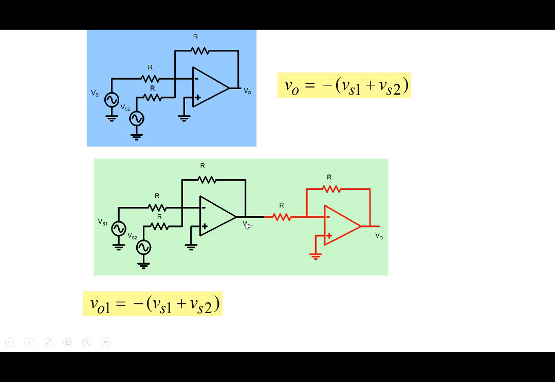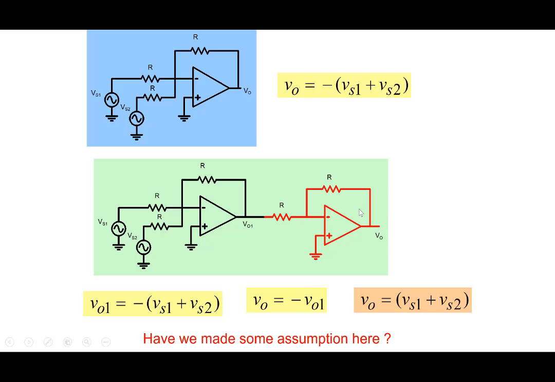So V01 is minus Vs1 plus Vs2, and V0 equal to minus V01, because the ratio is equal to 1, and therefore V0 equal to Vs1 plus Vs2. So the two stages together will add up the two voltages, Vs1 plus Vs2. Okay, so the negative sign we can get rid of by adding another stage like this.